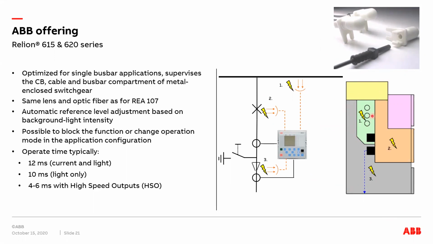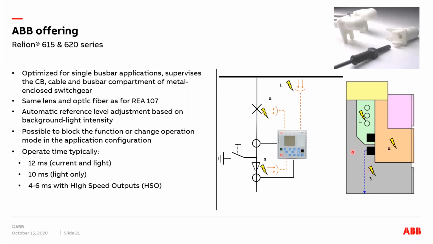You have sensor number 1 in the busbar compartment, as on the simplified single line you see here. Number 2 is the circuit breaker compartment, and number 3 the cable compartment. This means also that if you have an ARC flash somewhere here, you will have an indication also on the relay itself to see which sensor has indicated. So it helps quite a lot to find the arcing point. There's an automatic reference adjustment for the background lighting, so that's not influencing the function.